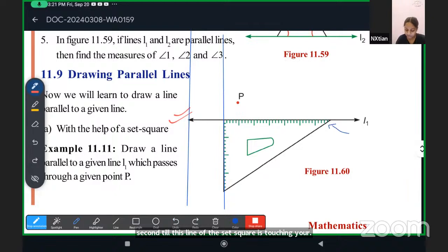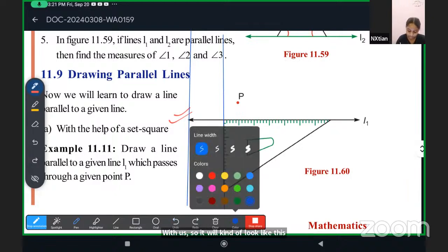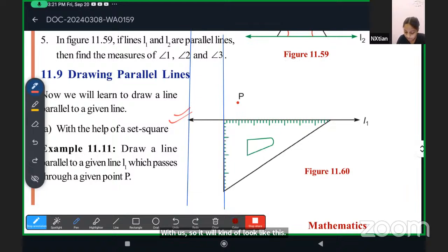Move it up. It is going to look like this, touching the P point.